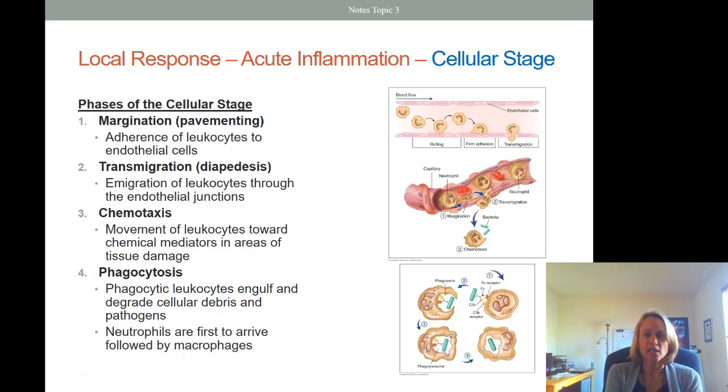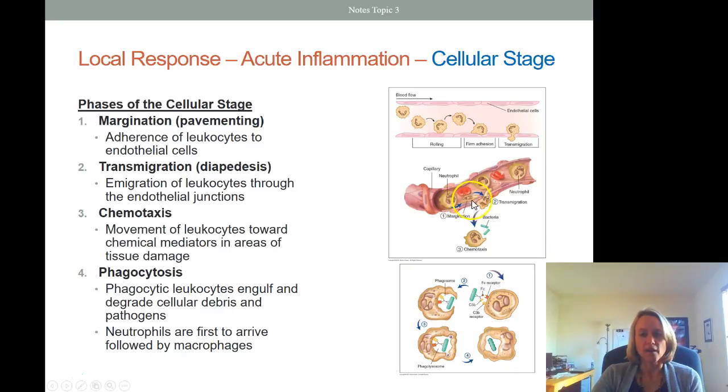The cellular stage is the next part, and this is divided into phases. First, we have margination or pavementing of white blood cells. As all that fluid leaks out of the bloodstream, it's going to cause the blood to be more thick, and these white blood cells are going to move more slowly, and they're going to roll along the endothelium here.